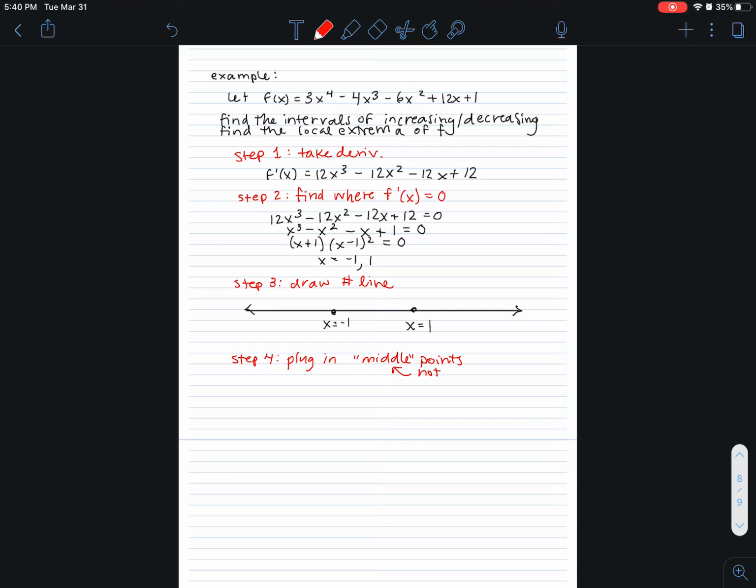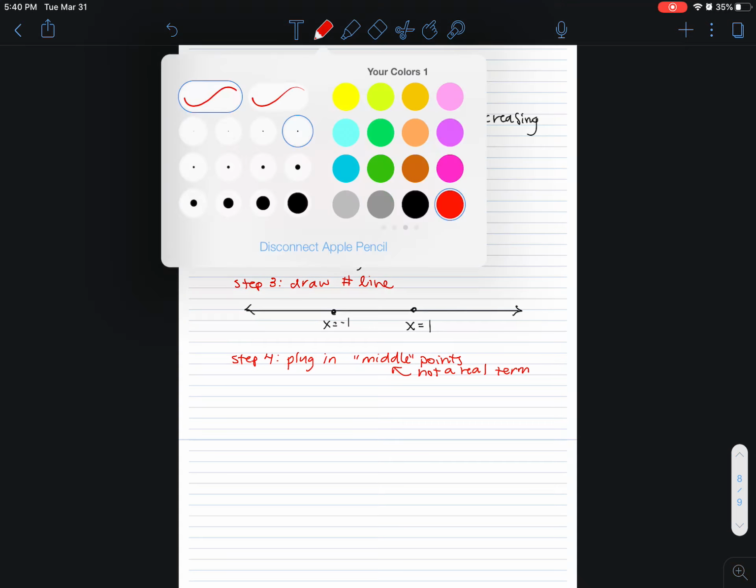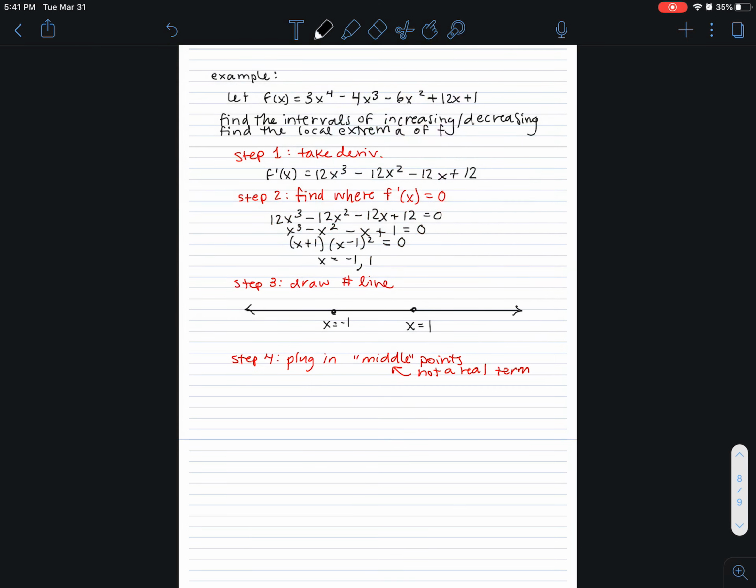That's not a real term. But just points in between where our inflection points are, or our zeros for our derivative.